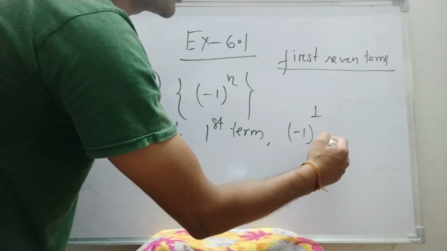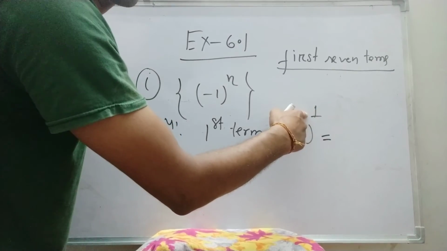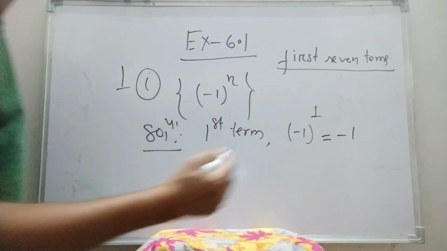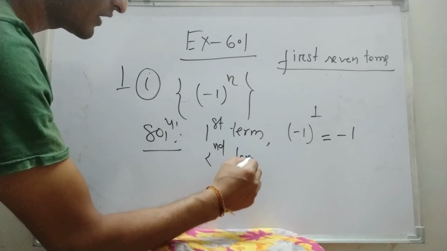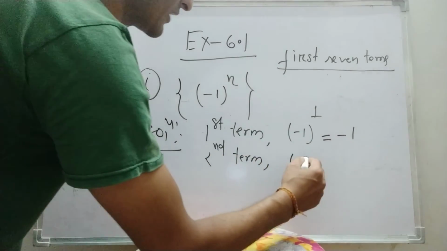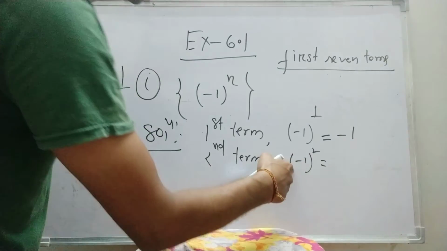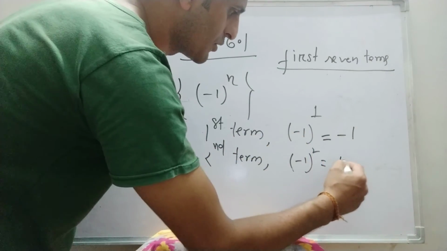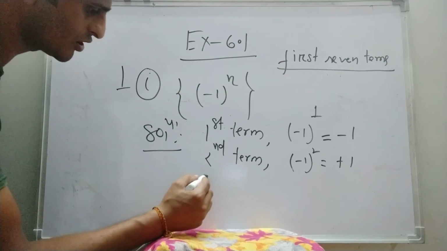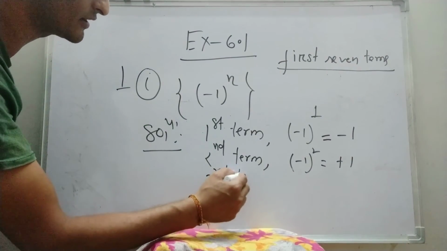So -1 to the power 1, negative to the power of an odd number, is -1. Similarly, students, the second term is -1 to the power 2, negative to the power of an even number, and you will get +1. And so on, the third term will be written in this way.